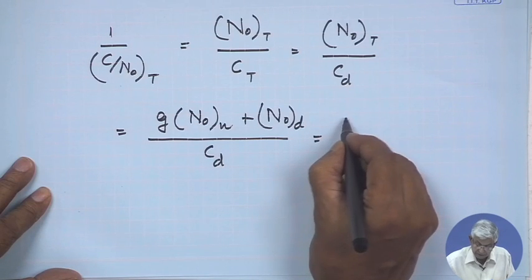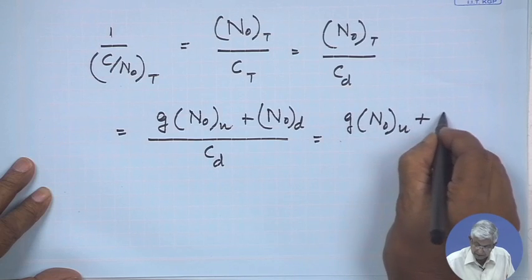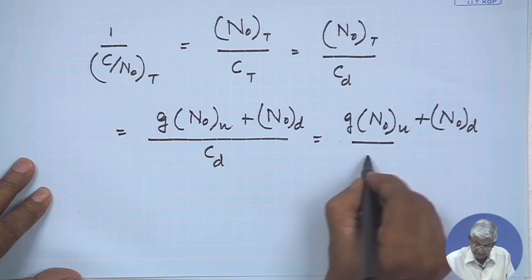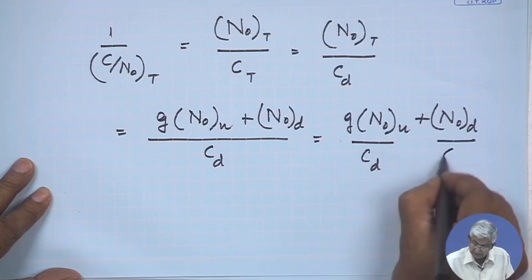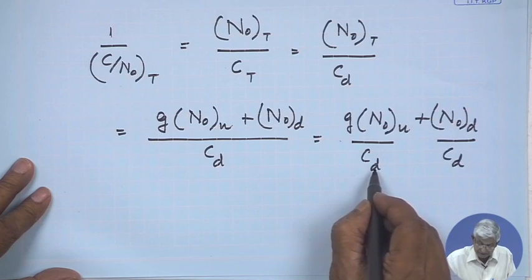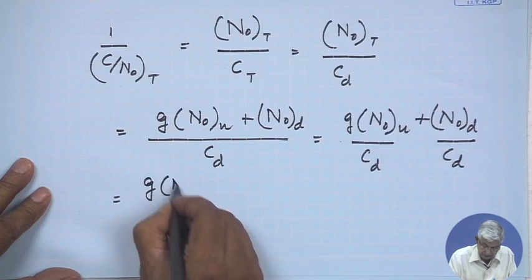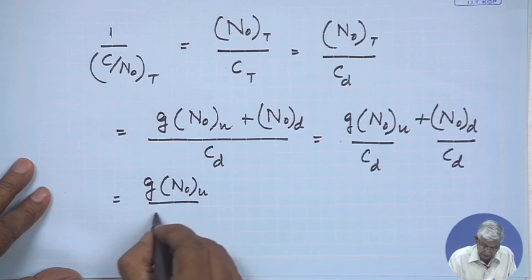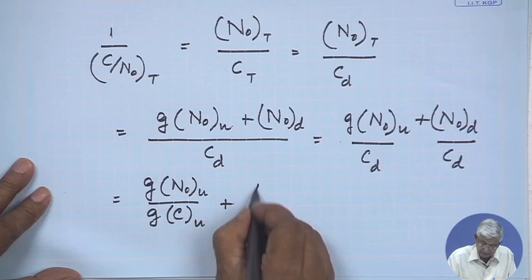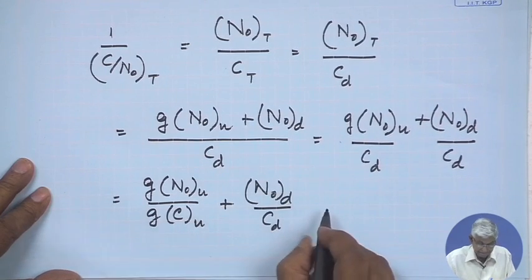I can separate it: G times N0 uplink plus N0 downlink, each divided by C downlink. Now, what is this C downlink? It is G times C uplink. So, I can write G times N0 uplink by G times C uplink plus N0 downlink by C downlink.